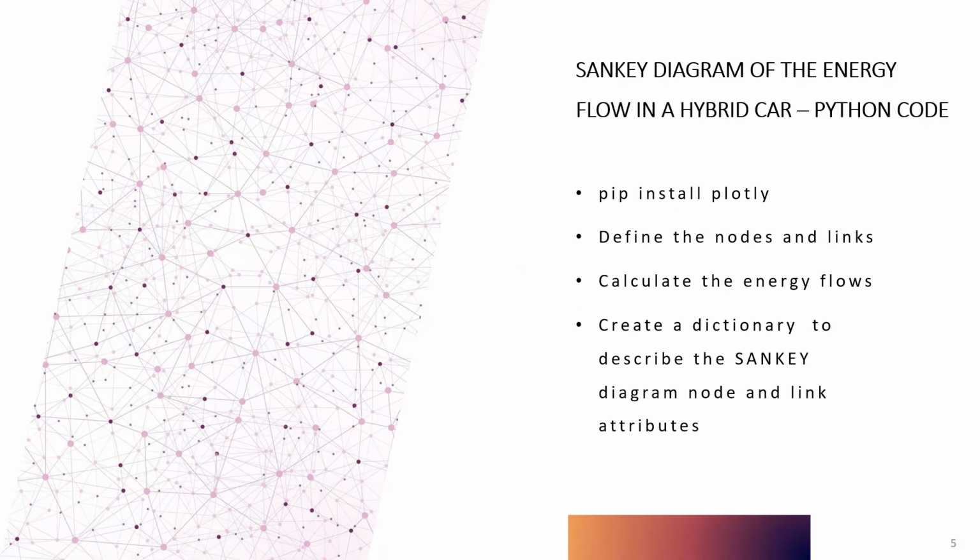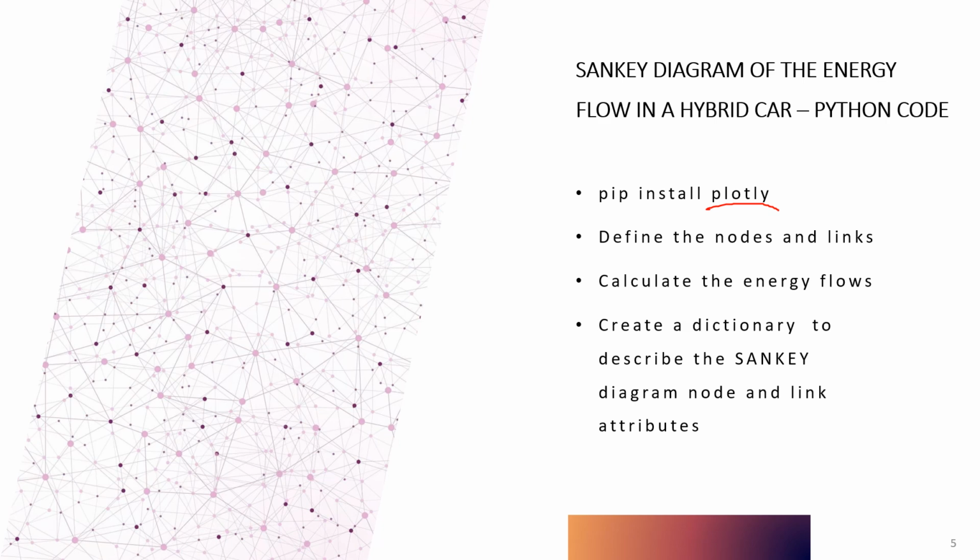Now let's see how we can implement this using Python. And this is another beauty of Python, the fact that we can actually plot this type of unique chart in Python. I don't teach Python this way, but the first thing we want to do is to install the Plotly library.